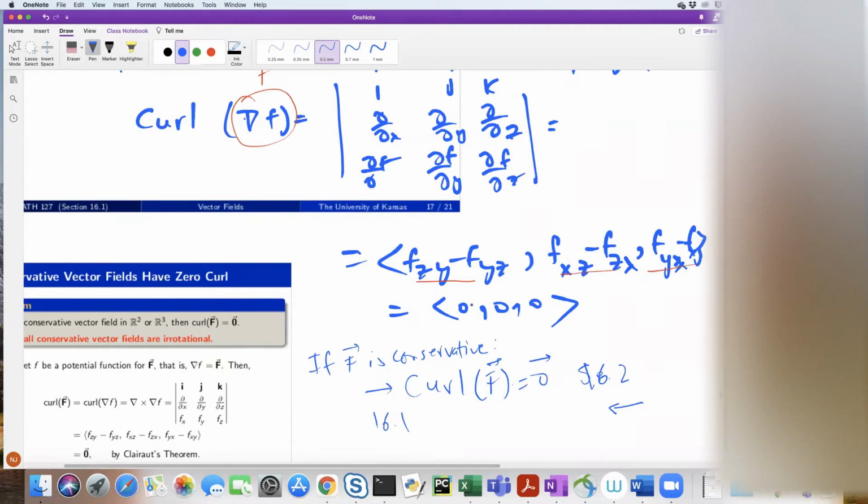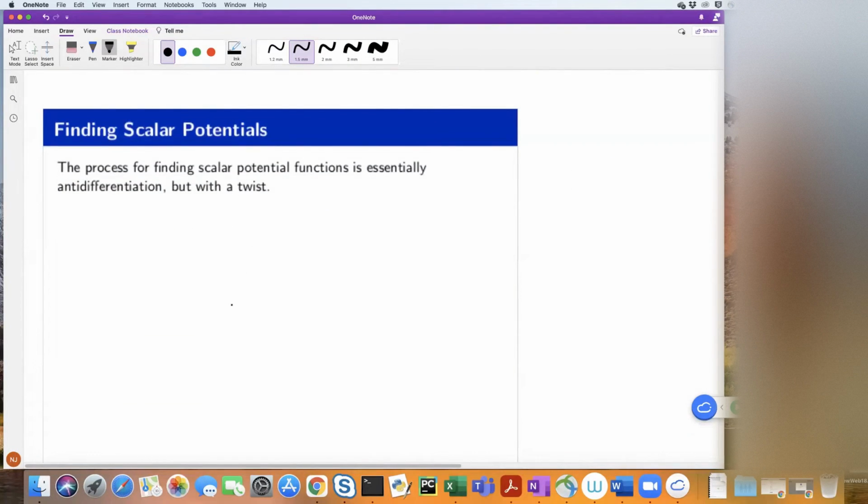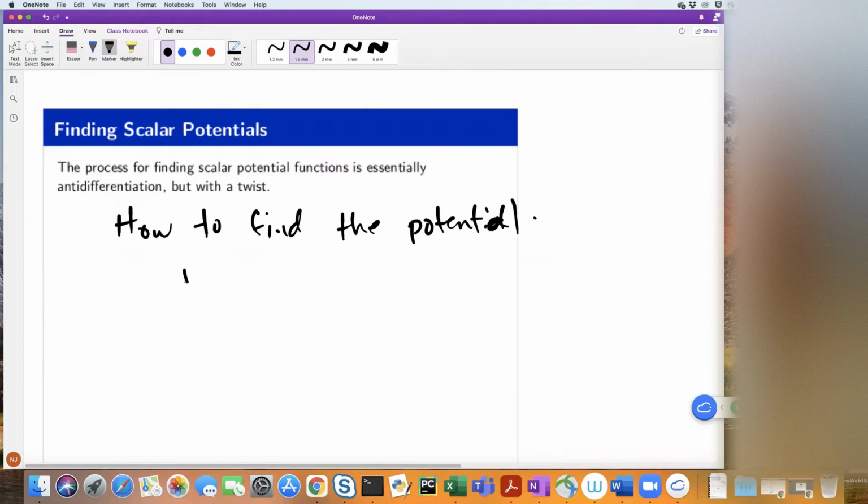So basically, I did a quick review. Now that we know this, what we do for the rest of this section is how to find the potential. In Math 220, you learn a very systematic way, which is better than the one that I'm teaching you.